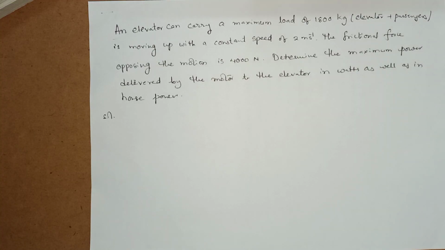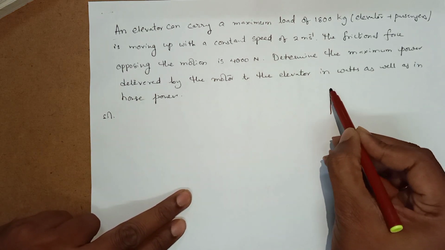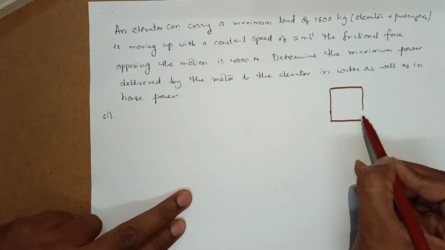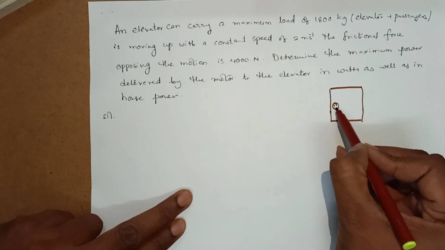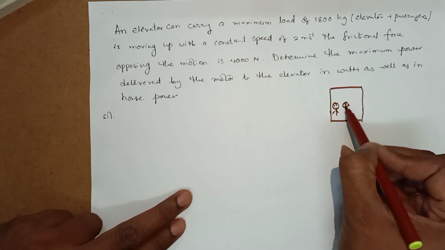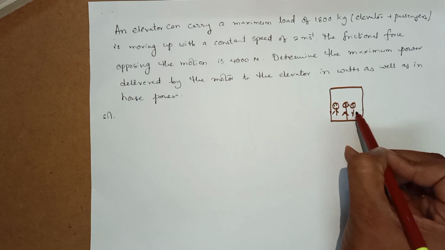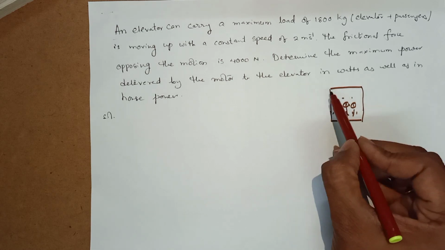So now another problem. An elevator, which is called a lift, carries a maximum load of 1800 kg, elevator plus passengers, moving up with a constant speed of 2 meters per second. So this is an elevator where persons are present.